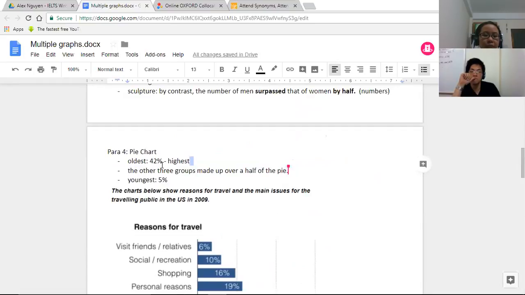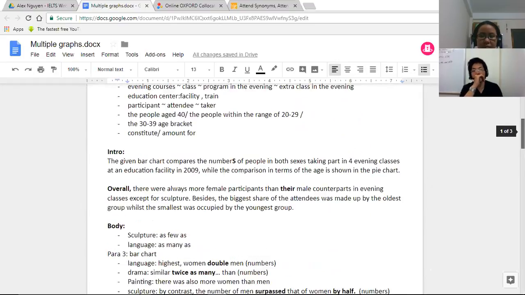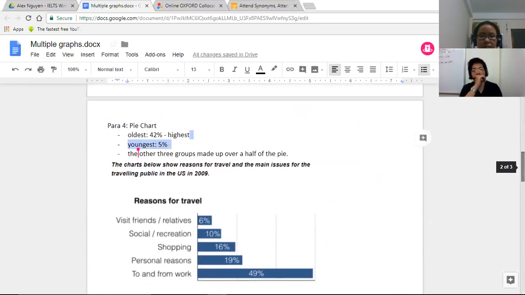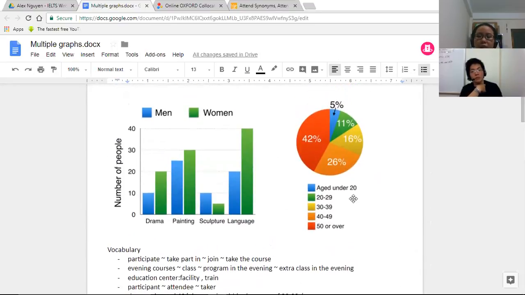The 42%. The other three groups... let's see, because in the essay we cannot just say the other three groups. So what age here? Well, I put the youngest, the second, the oldest, and the other groups made up over half. And I was suggesting that sometimes there's a name that we can give to that group.